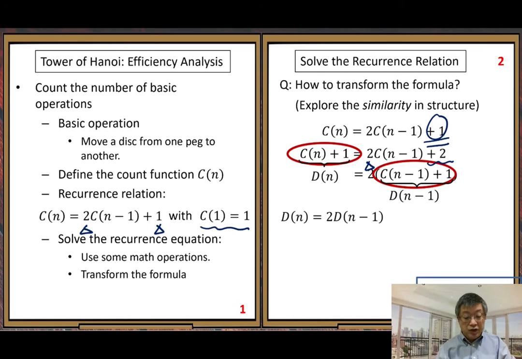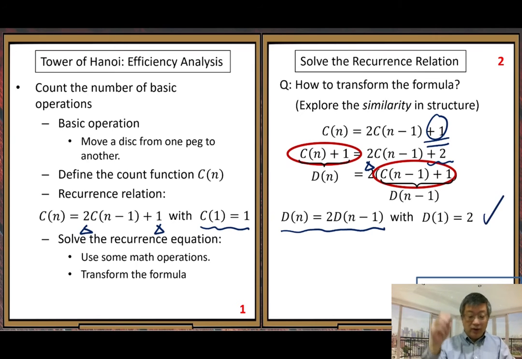So after simplification, we have a simpler recurrence relation than the original one, because that plus 1 is gone. With this new one, we update the base equation: D of 1 equals 2 this time, because D of 1 equals C of 1 plus 1 by the definition of D function. So that is 2.